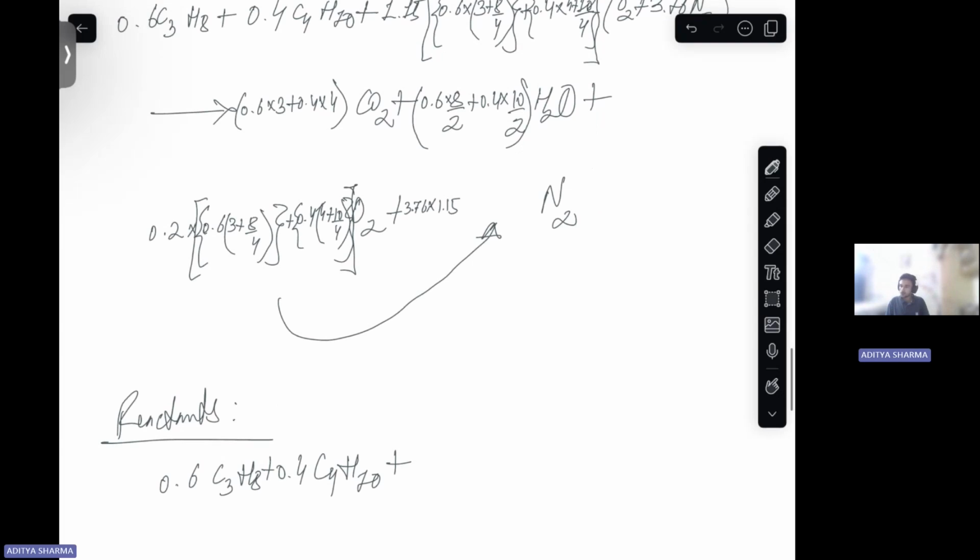This should be around 6.44. And for nitrogen it should be 24.21.